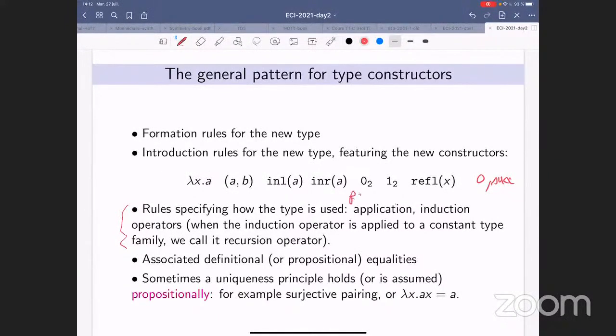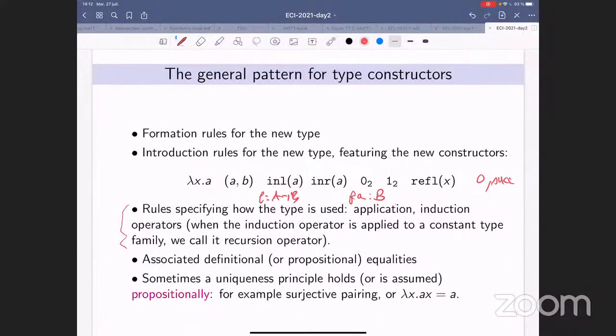You see that it's an elimination in the sense that if f is of type A arrow B, and I apply it to a, which is of type A, this is of type B. You see that you have used your function, and that f in your use, the arrow type has been consumed in some sense.